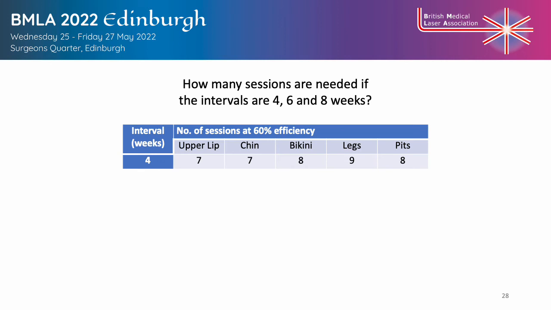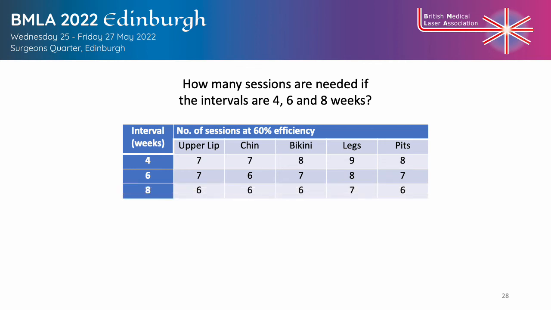And this is assuming, again, a 60% efficiency. Well, what I found was, if you treat somebody every 4 weeks, then you can remove all the hairs on their upper lip and their chin in 7 sessions, in their bikini and their armpits in 8 sessions, and on their legs in 9 sessions. If you leave 6-week intervals, then that range drops to between about 6 and 8.